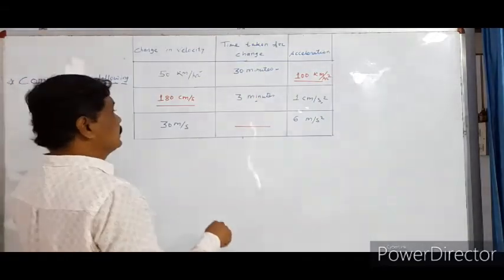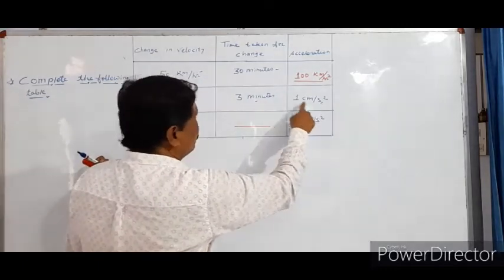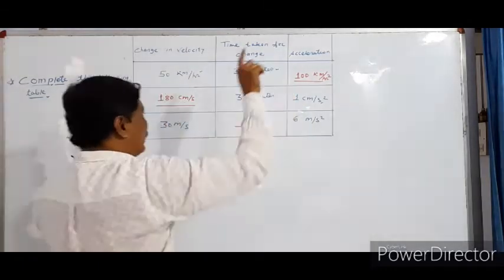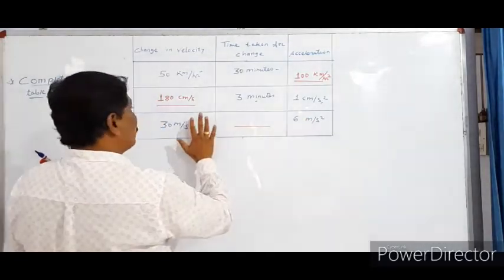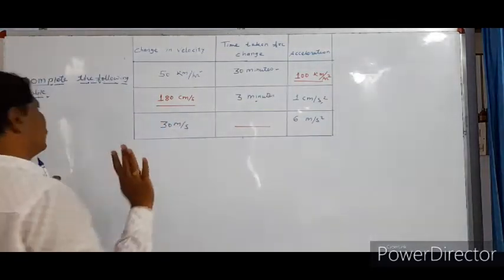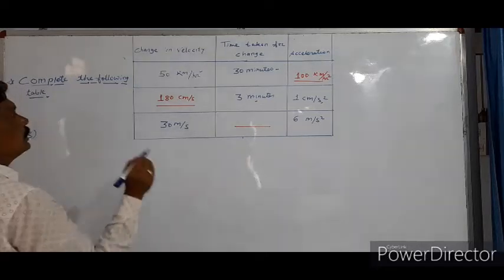In the second case, this was in minute and this is in second, so we converted this into second. But here, meter per second square and meter per second is given. So we'll consider the third one. There is no need to change the unit.